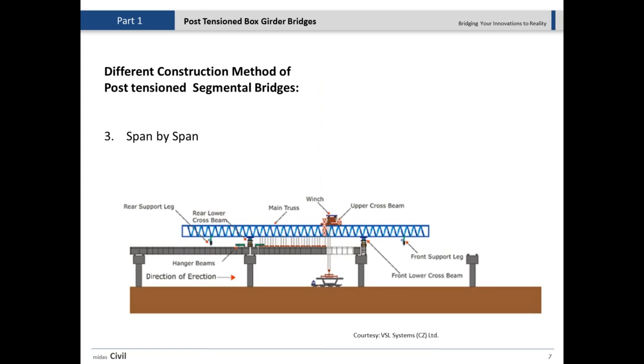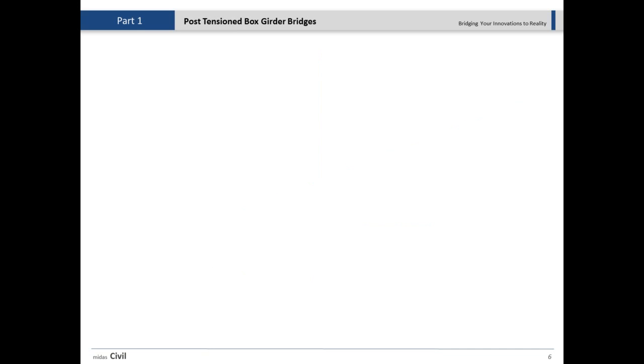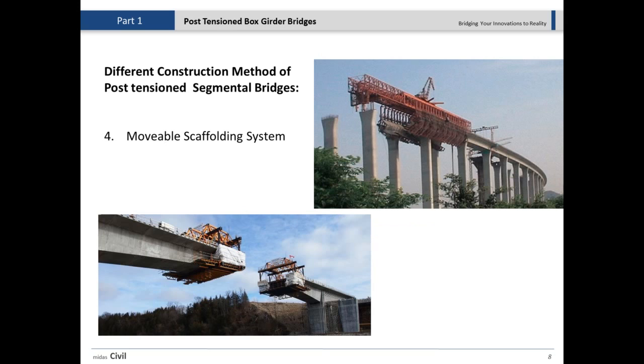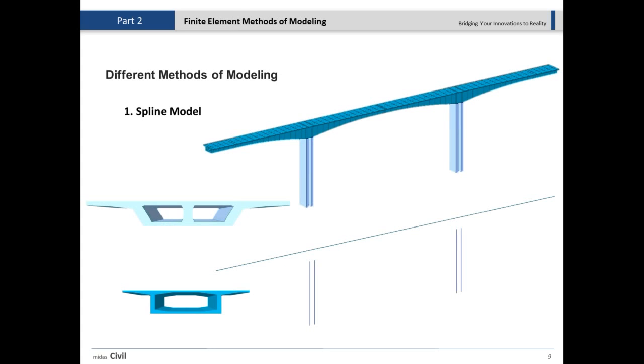For incremental launching, these cantilever boxes are mostly smaller pieces of segments. Another method is a movable scaffolding system, where you have the scaffolding go through as far as the certain part of the structure is constructed, so it moves forward and builds the boxes over and over.